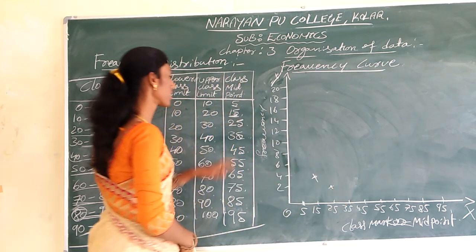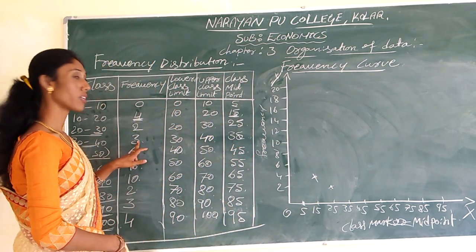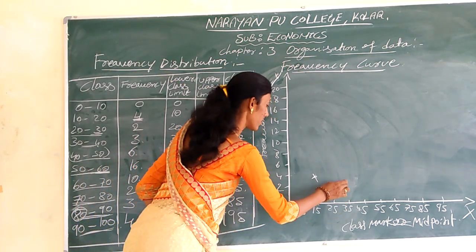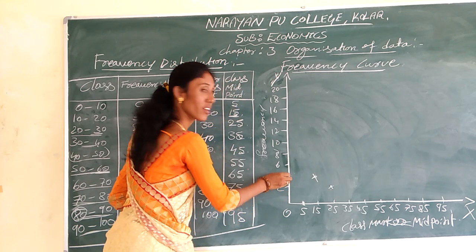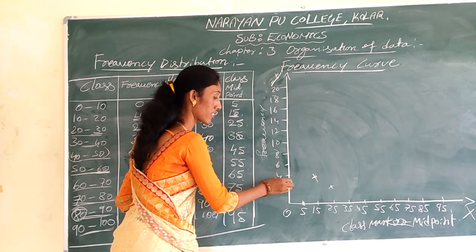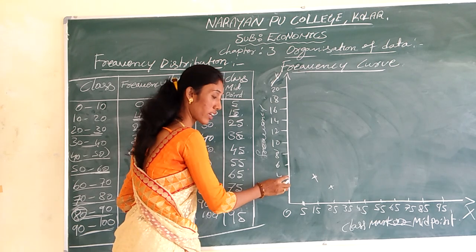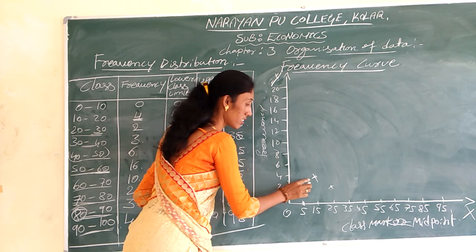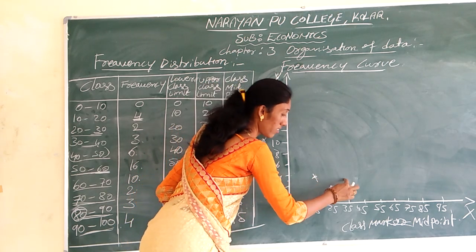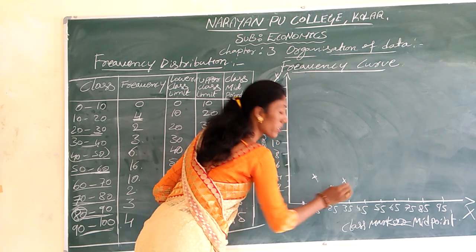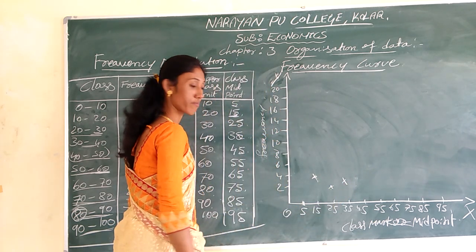At mark 35, the frequency is 3. 3 lies between 4 and 2, so take the central value of 4 and 2, which gives 3. We can use a scale here to measure the point.